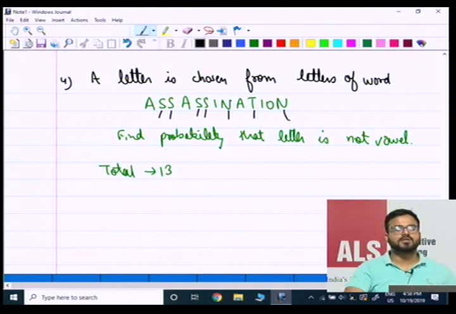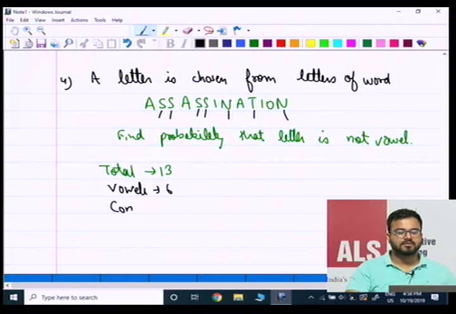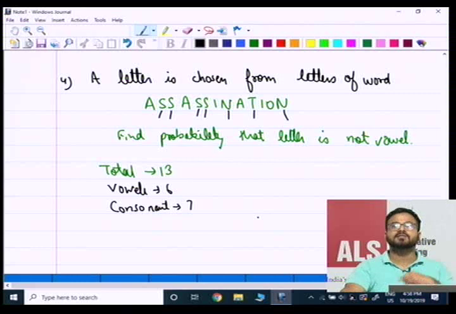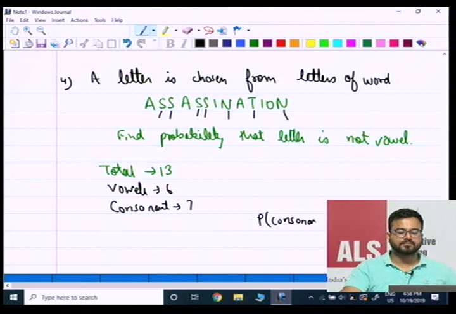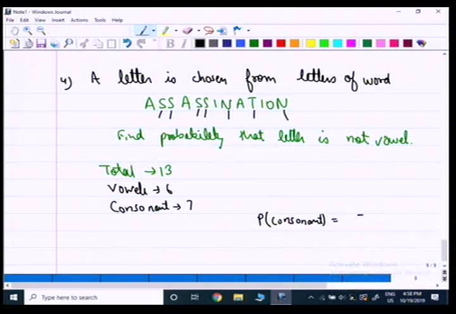Only these are the consonants. So 7 are consonants and vowels are 6. So the probability of picking not a vowel means we have to find the probability of a consonant. So the probability of a consonant is 7 by 13. Is this clear?